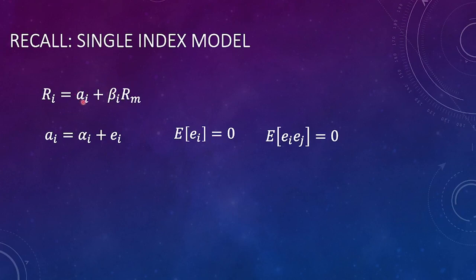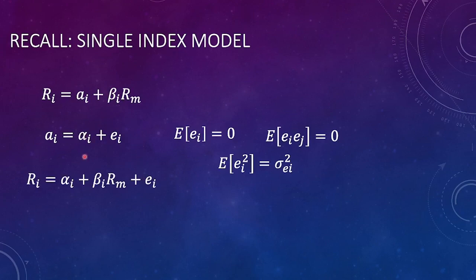This e_i is specifically tied to that security, so if you take the covariance, it will be zero, right? This is how we denote the variance for e_i. This is just a notation, nothing really important here.